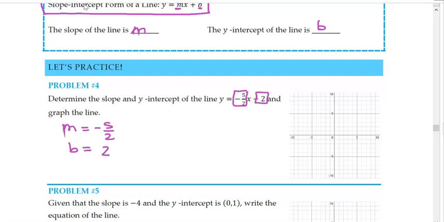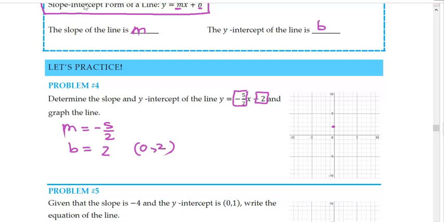Now, when we're dealing with y-intercepts, we want to write these as an ordered pair because this is a point, right? And so when I'm dealing with this, that would be the point that is right here. That's our y-intercept. So that's over 0 up 2.